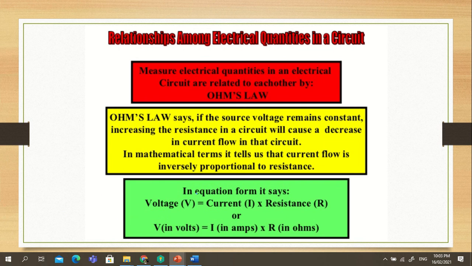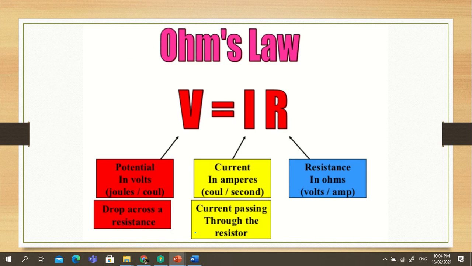And in equation form, it says that voltage is equal to the current I times resistance R, or voltage V in volts is equal to I in amperes times R in ohms. So again, this is Ohm's law, which can be written as V equals IR.